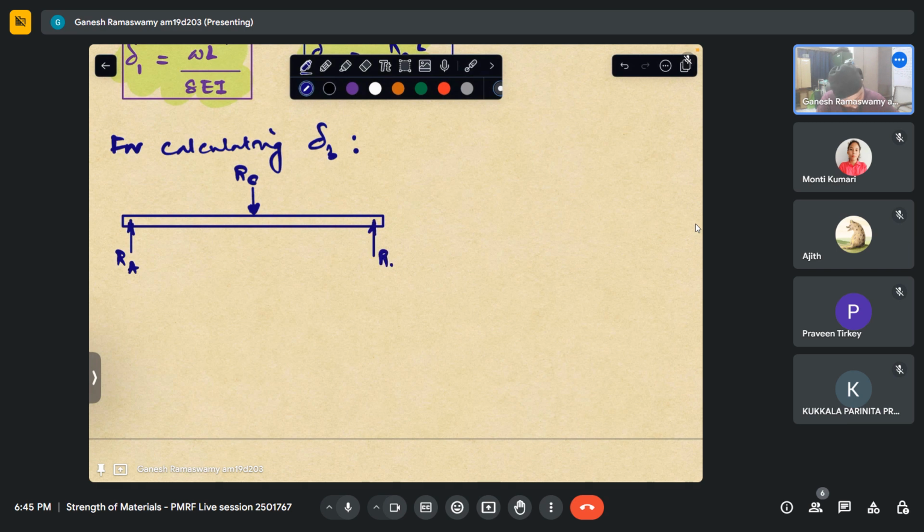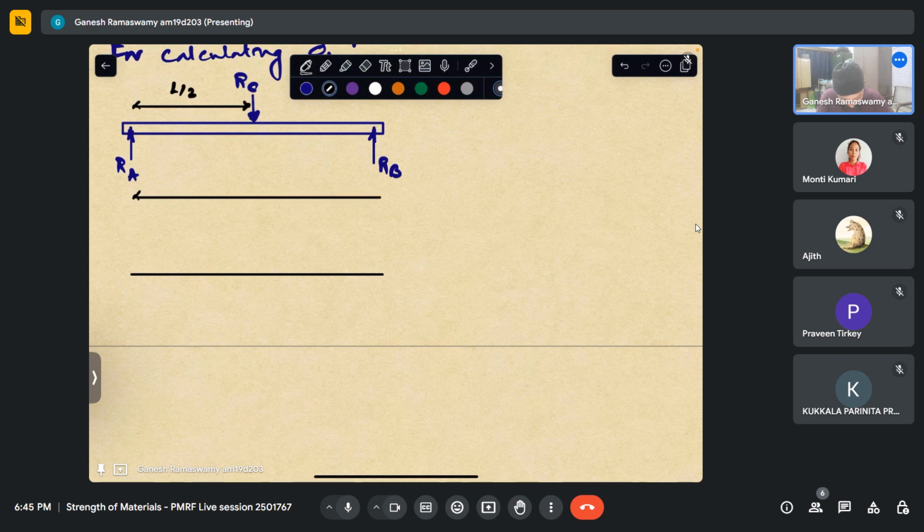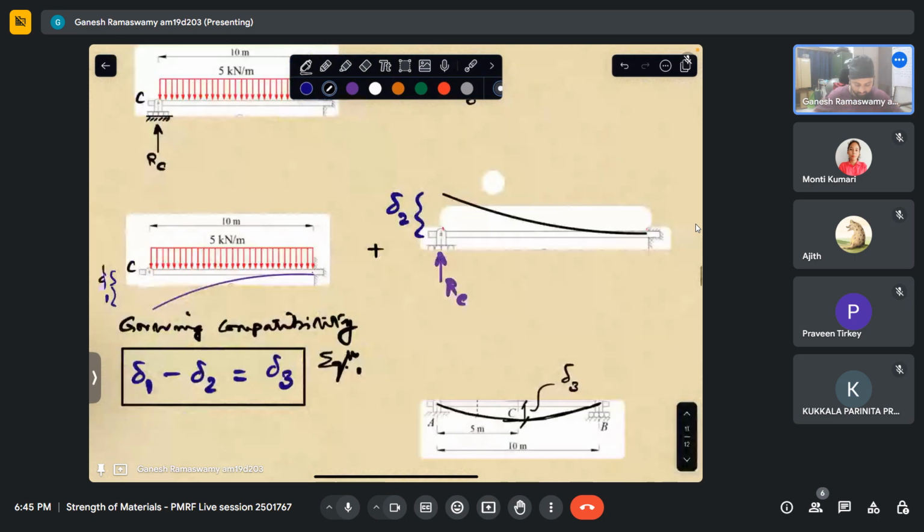Both are hinged or pins, so they don't support any moment. So that's about it. For this case, and mind you, this is at the center, this distance is L by 2. That is given in the question. And this is L.